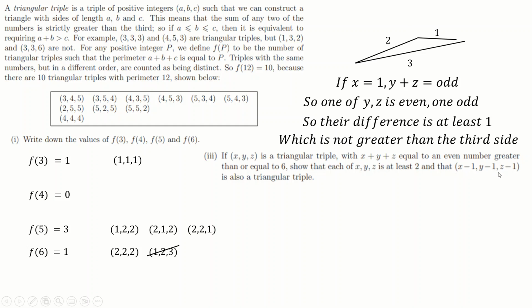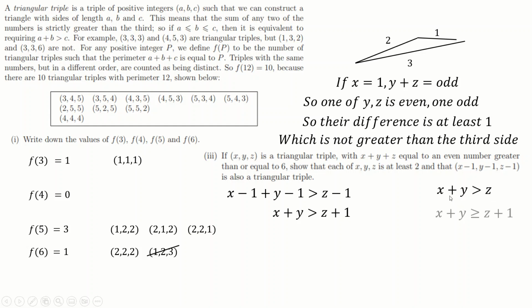Okay, last bit. If you take away 1 from every side, show that that's also a triangular triple. Well, take away 1 from every side, you get this, assuming that this is holding, which we know it does. Now you minus 2 and then add 2 to both sides. So we're looking for this to be true, essentially, for this to still be a triangular triple. Now, we know this is holding because we know x, y, z is a triangular triple.